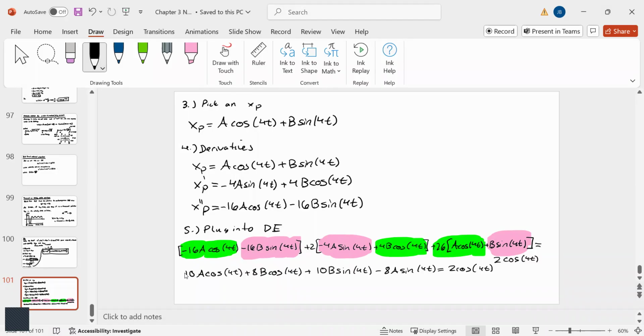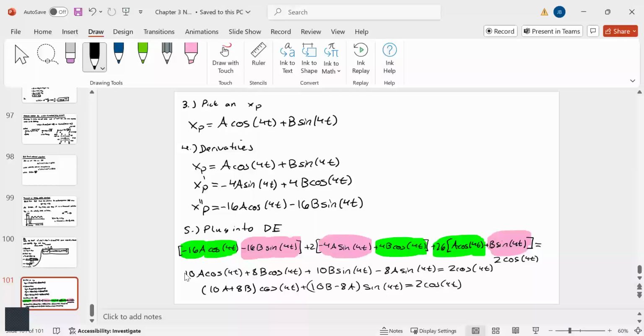And then from there, I can factor out the cosine and sine, and I get (10a plus 8b) cosine 4t plus (10b minus 8a) sine of 4 times t equals 2 cosine 4t. And that is the equation that we have.